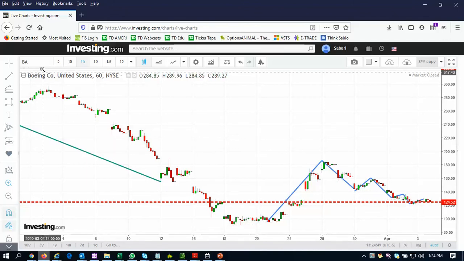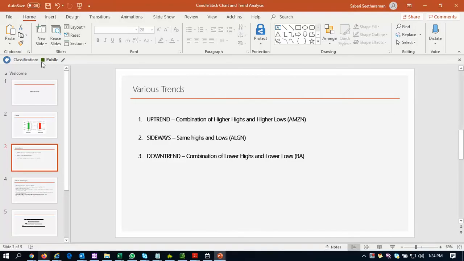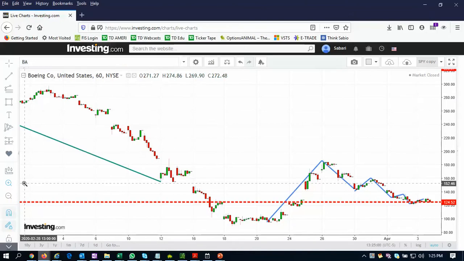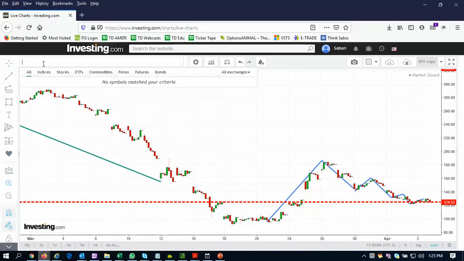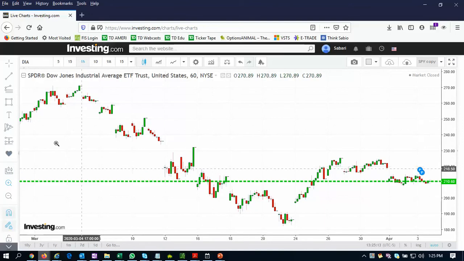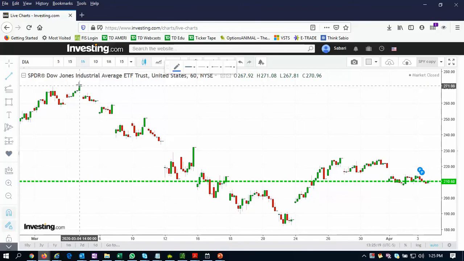So say for instance, if I want to draw a trend line, let me draw a trend line for DA. Here I pick this tool, I'll take this high.